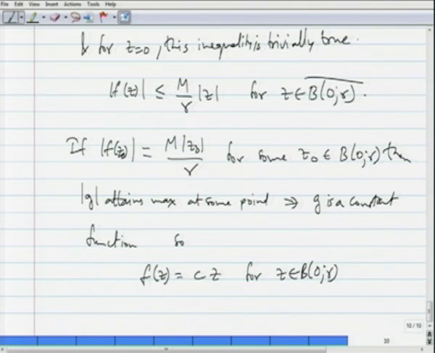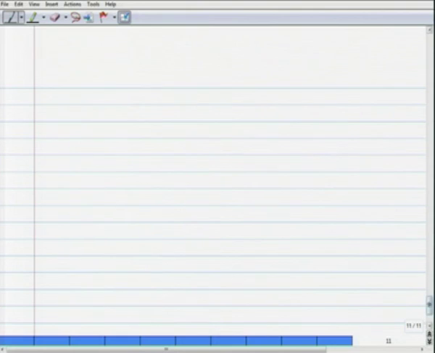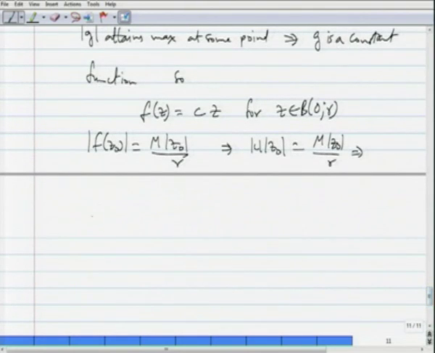Also, modulus of f of z0 is equal to M times modulus of z0 by r, because equality occurred, which implies modulus of C times modulus of z0 is equal to M times mod z0 by r, which implies modulus of C is M by r.